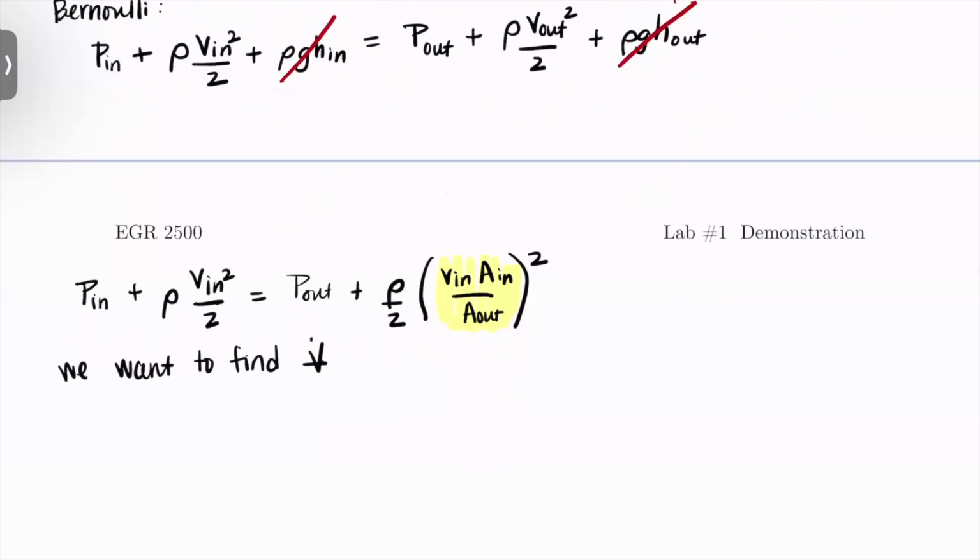We want to find V dot, but remember V dot is a velocity times an area. So this is V in times A in. All right, so we see that it's here, so we just need to do a little bit of algebra.